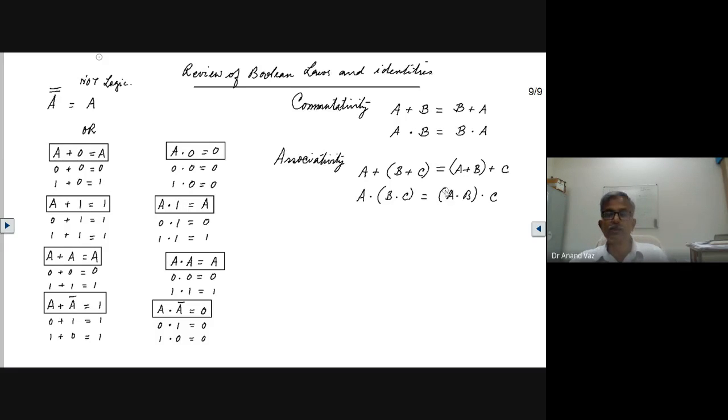You also have the distributivity, the law of distributivity.